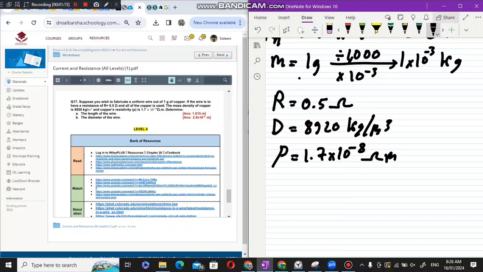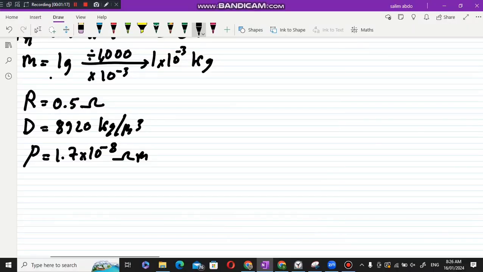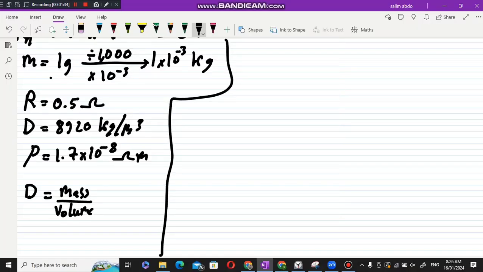So first thing, based on those givens, we need to do two things. Since we have the density and we have the mass, we can get the volume, since density is equal to mass over volume. And why are we trying to get the volume? Because we know that the volume is equal to the area times length. So first, let's get the volume.